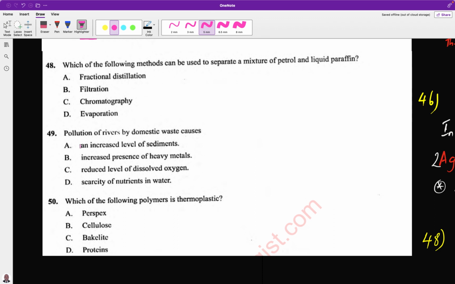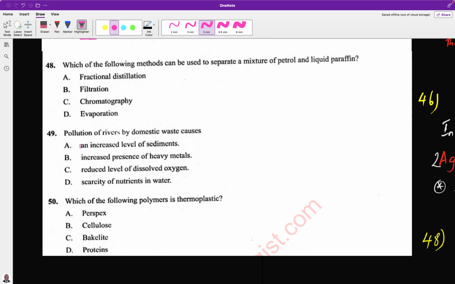So a mixture of petrol and paraffin, they are all hydrocarbons that have different boiling points. And the way these are separated is in a fractional distillation column, because the fractional distillation column is arranged in order of the different hydrocarbons with respect to their different boiling points.